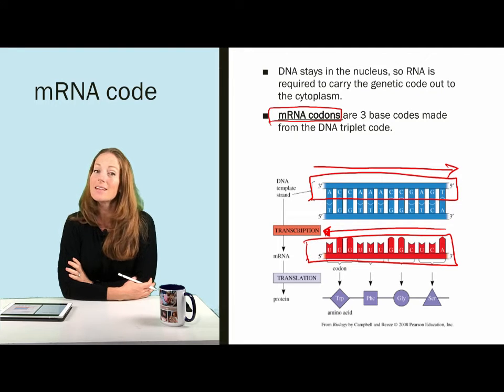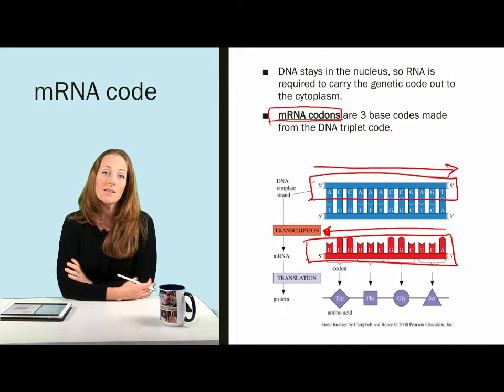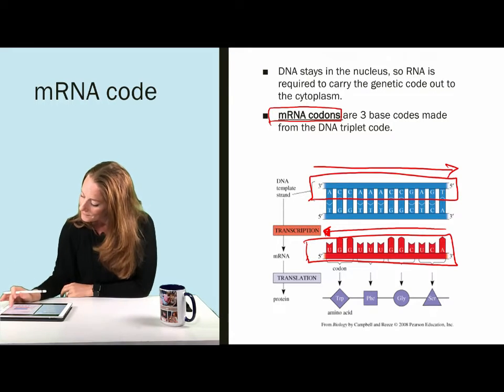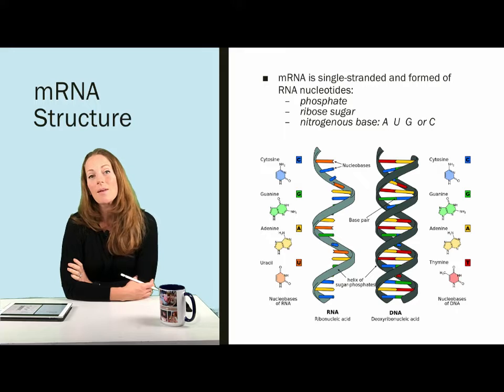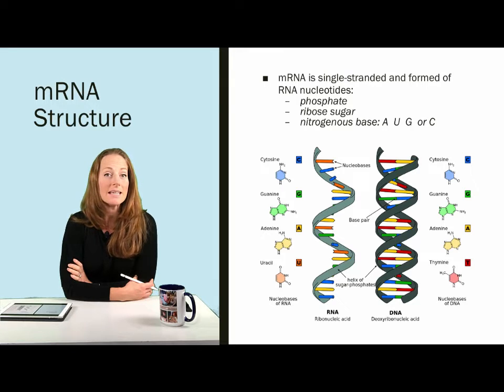One thing you'll notice is that the RNA structure is very different than the DNA structure. So let's take a moment to review the structure of RNA. So here we're talking about mRNA. It's single-stranded and formed of nucleotides, but slightly different nucleotides than the DNA nucleotides.